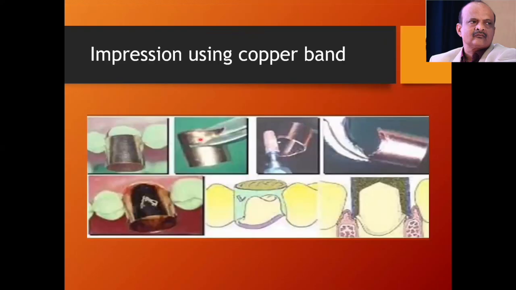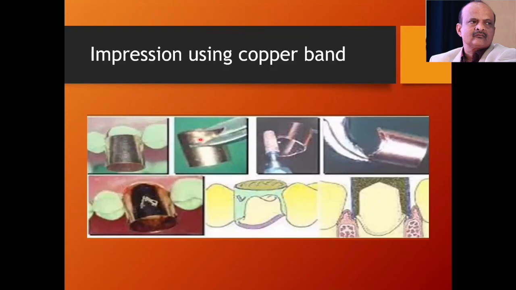Impression using a copper band is another old technique wherein an appropriate size copper band is chosen, and it is festooned at the cervical margin, trimmed and smoothened at that end, and you check the adaptation and mark the buccal or labial surface for better reorientation, better recognition. And this copper band is filled with an impression compound.